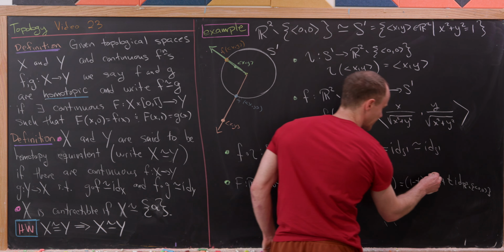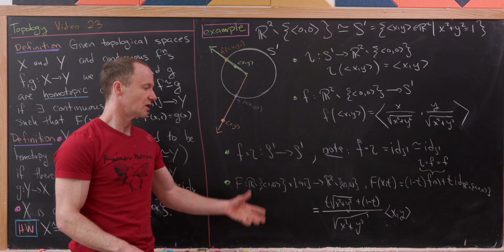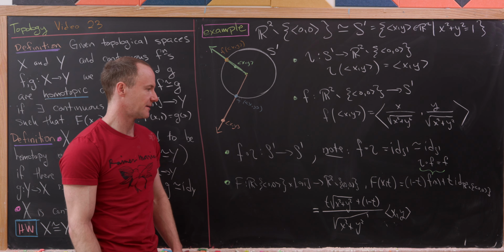But now if you wanted to write that out a little bit more thoroughly, it would be something like this. In the numerator here we have t times the square root of x squared plus y squared, and then plus 1 minus t, and that's all over the square root of x squared plus y squared. And then that's multiplied into our point x, y.